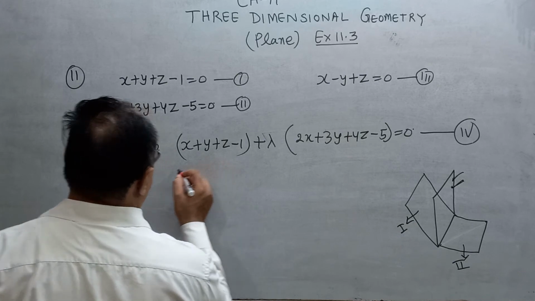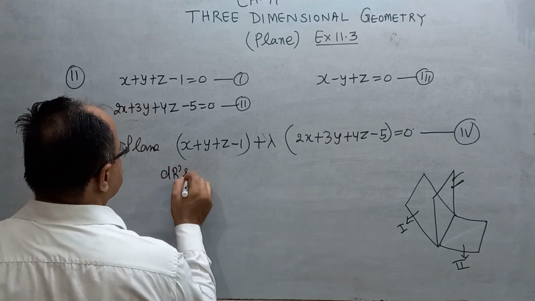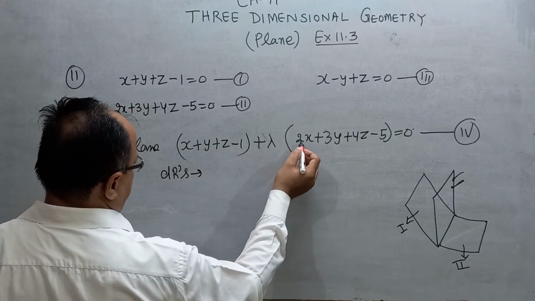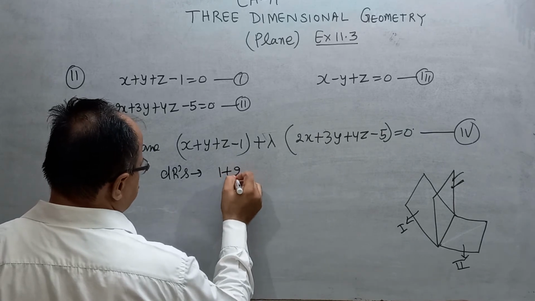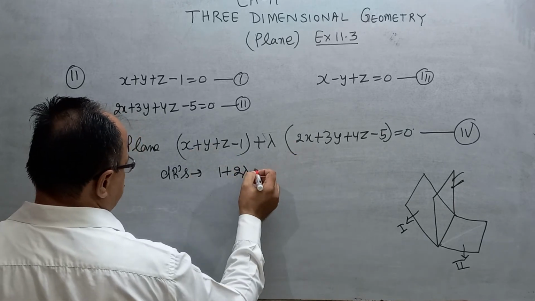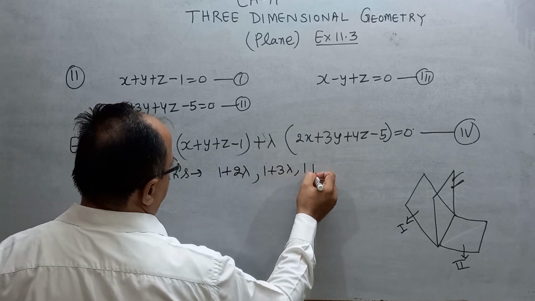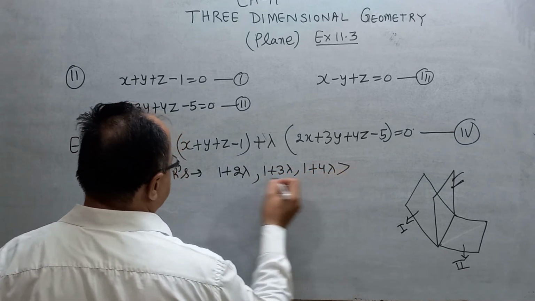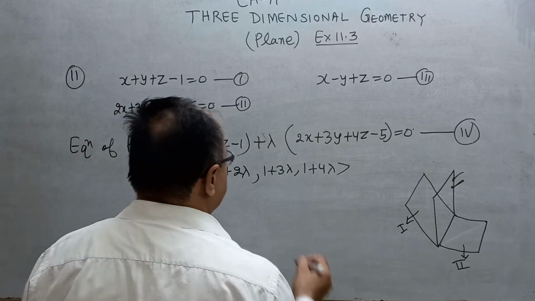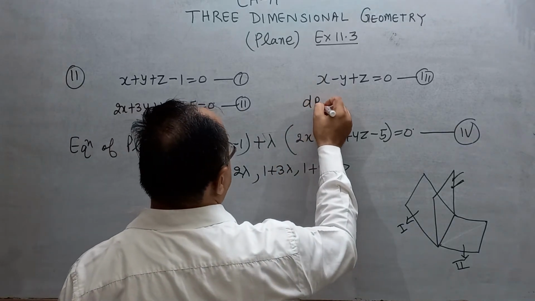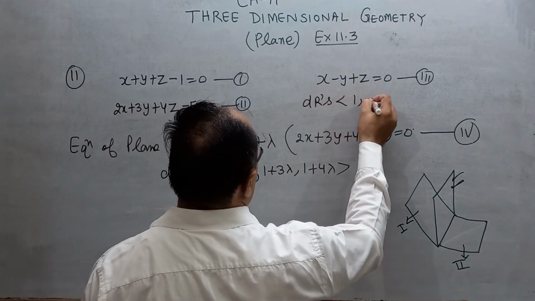Therefore, can you tell me the direction ratios of this plane? When you collect these terms, that is 1 plus 2 lambda, 1 plus 3 lambda, 1 plus 4 lambda. This is the direction ratios. And the direction ratios of this are 1, minus 1, 1.